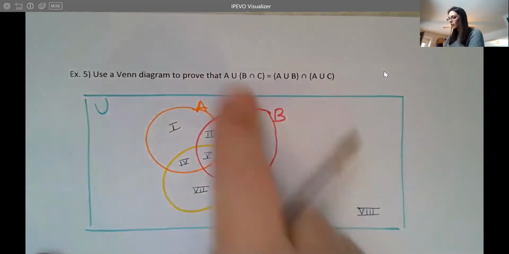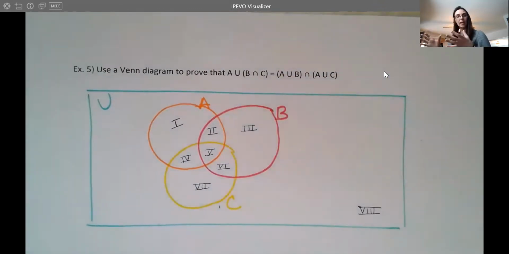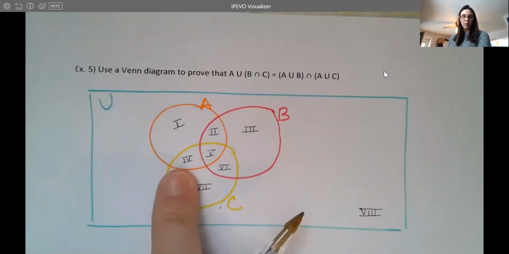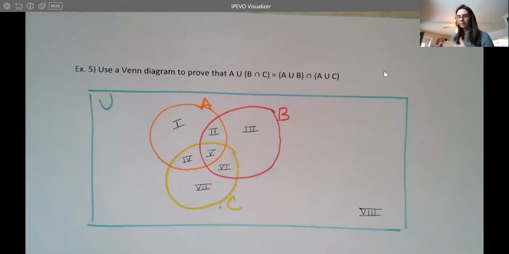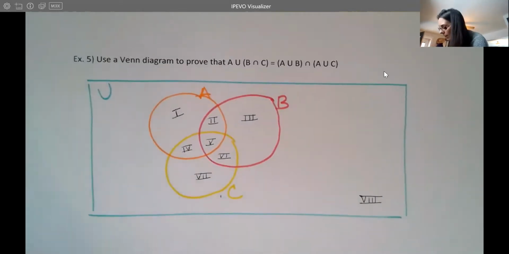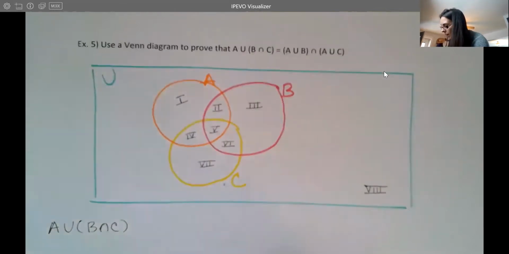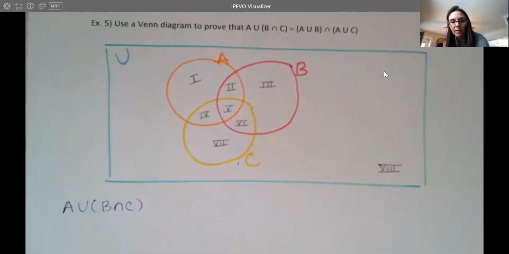Okay, and again, we're going to do the same idea. We're going to prove that these are actually equal using the Venn diagram. So it proves it for all sets, and we're just going to use our different regions to help us show that the 2 sides are the same. On the left, I have A union (B intersect C). I'm starting with the left side first, going one at a time.